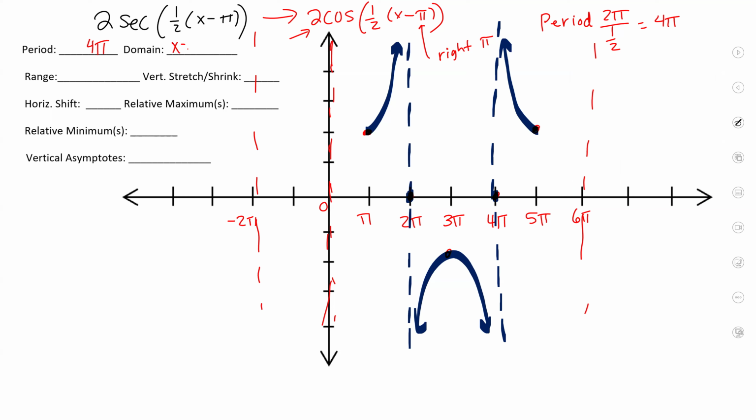So my first asymptote is at 0. My next one is at 2 pi. So it's basically 2 pi in. And that is the same function for your vertical asymptote. You cannot be 2 pi in for your domain because those are asymptotes. Your vertical asymptote is x equals 2 pi in.